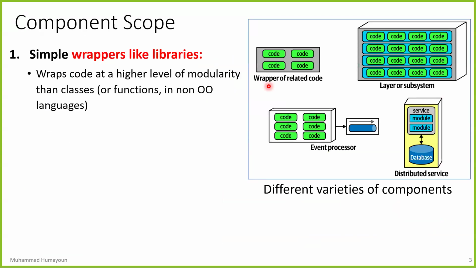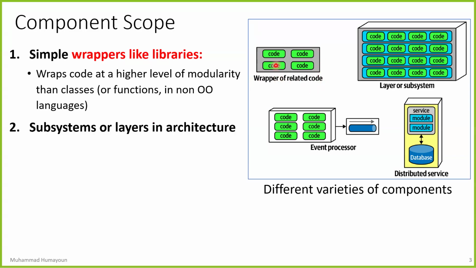So the scope of the components, where you will find these components. Well, you can find these components like simple wrapper libraries like this one. So it could be a jar file, and inside you got multiple pieces of code. So it's like wrapping your code at a higher level of modularity than classes.